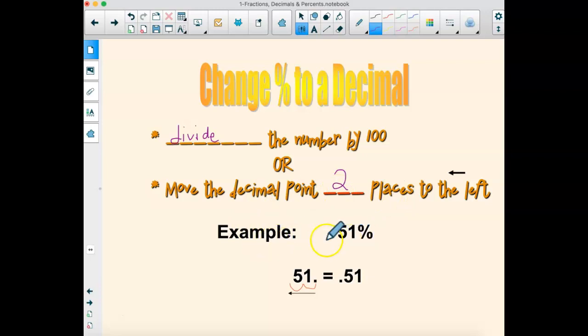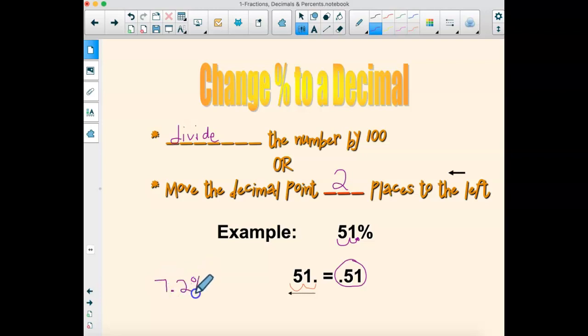So an example is 51%. Now, if I'm going to change 51% into a decimal, currently the decimal is at the end, okay? Even though we don't see it there, we know it's there. And then we're going to move the decimal 2 places so it becomes 0.51, and we drop the percent sign. Now, I might have 7.2%.